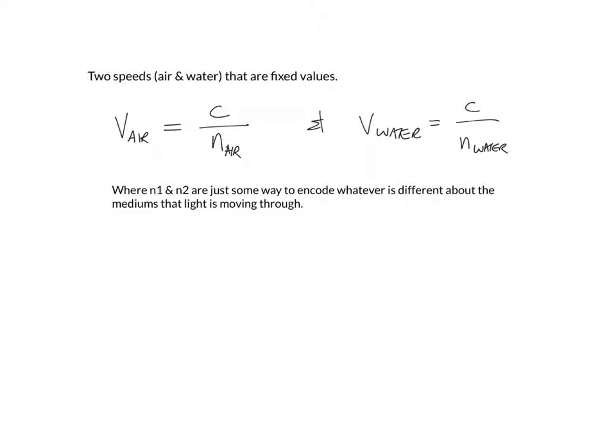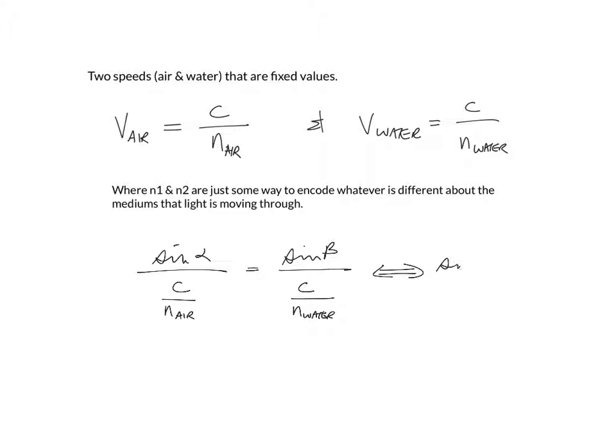So if we go back to our proportion, we had sine of alpha, but now instead of speed in air, I do speed of light relative to this index, and for sine of beta, I do speed of light relative to this other one. And of course, that drops out to sine alpha, index for air, and sine beta, index for water, right?